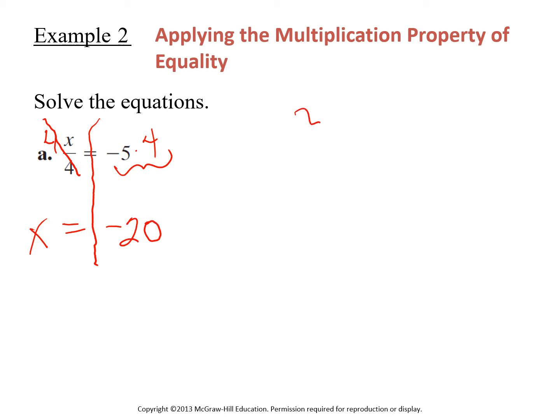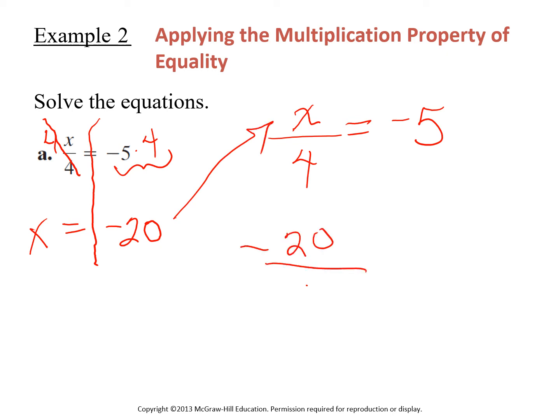So what we're doing is we're using the inverse operation. When they divide, we multiply. So I'm going to check my solution by plugging negative 20 in for x. Negative 20 divided by 4 is negative 5, so my check works.